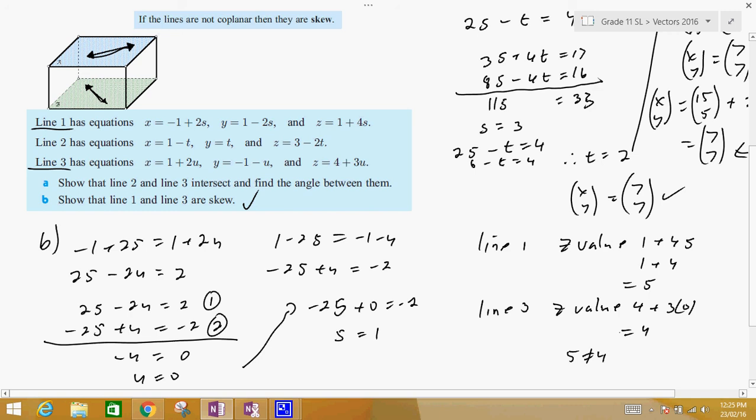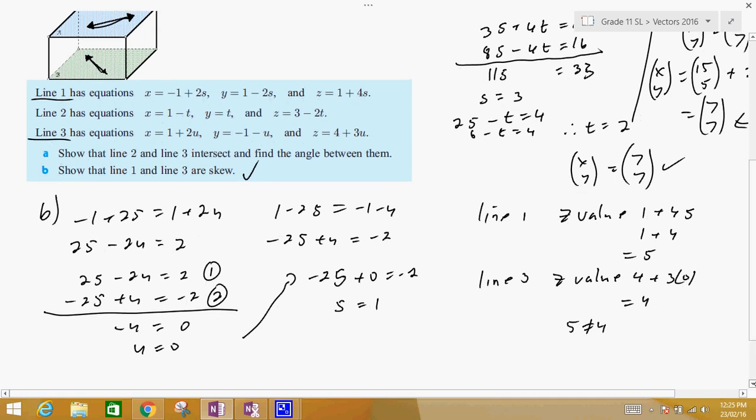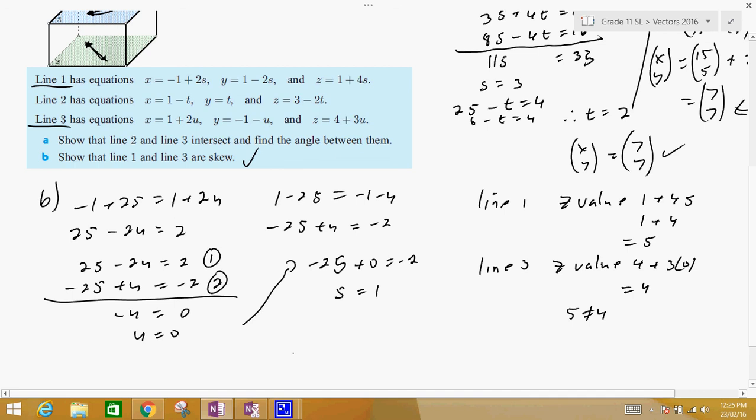So you found that they do not intersect, but we also have to check that they're not parallel. So next we're going to look at the direction of line 1. The direction of line 1 is (2, -2, 4). And the direction of line 3 is (2, -1, 3).